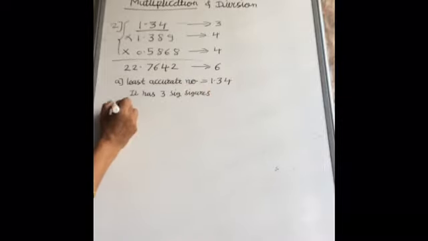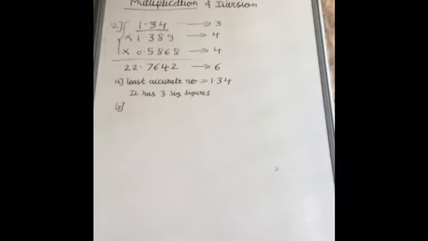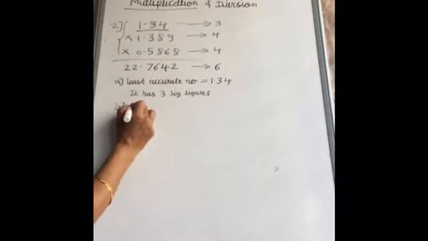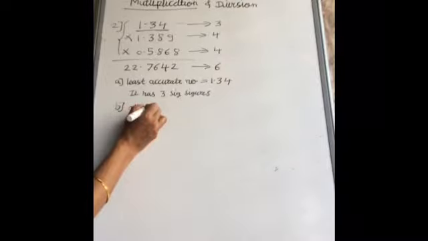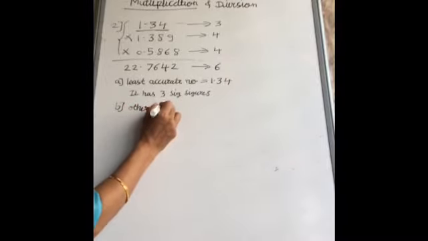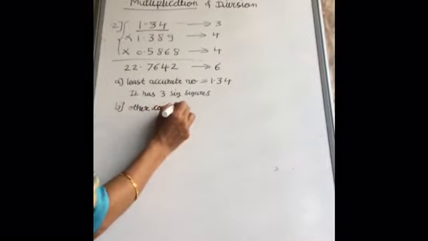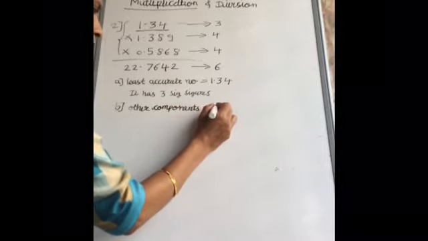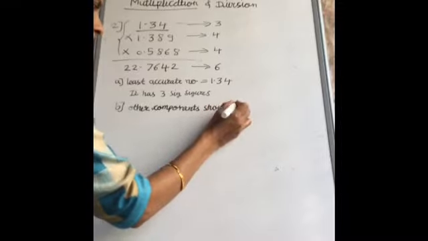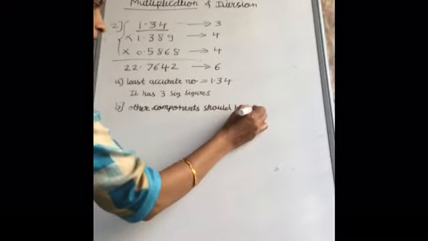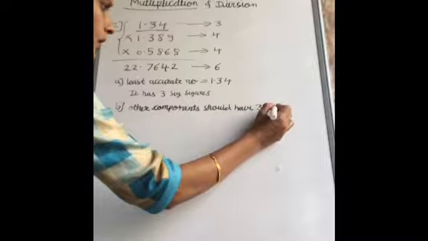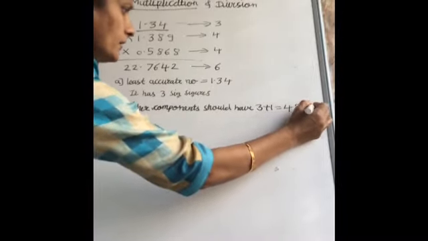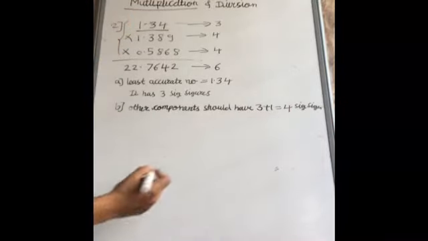Second rule: the other components should have 3 plus 1 equals 4 significant figures.